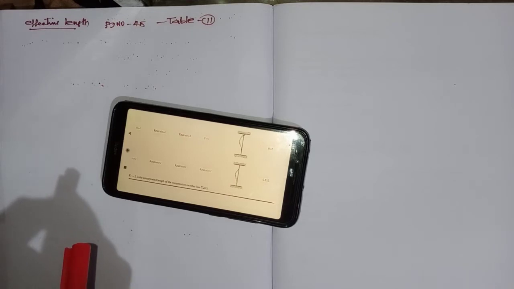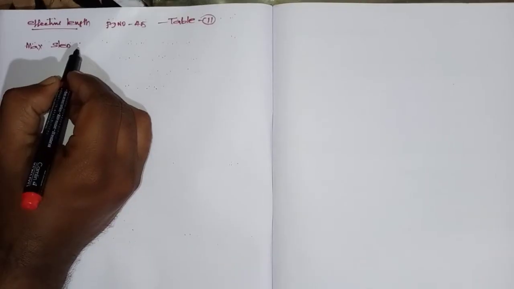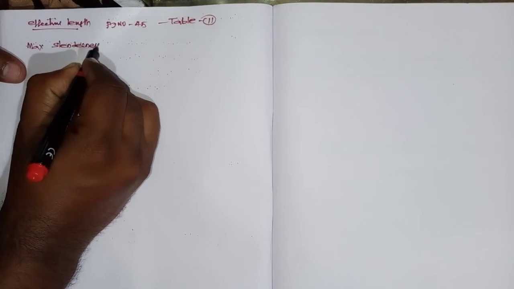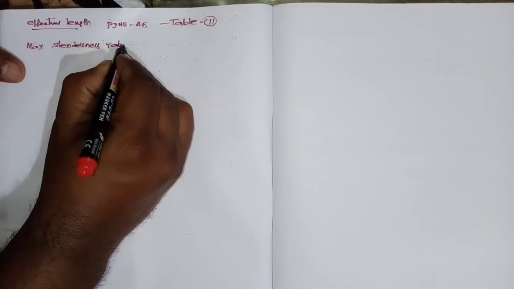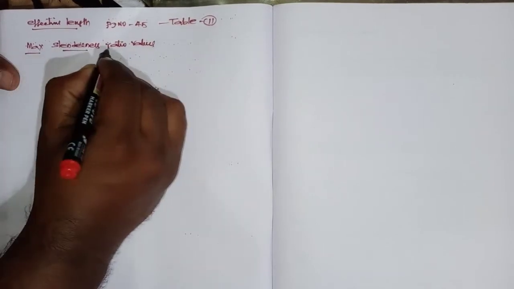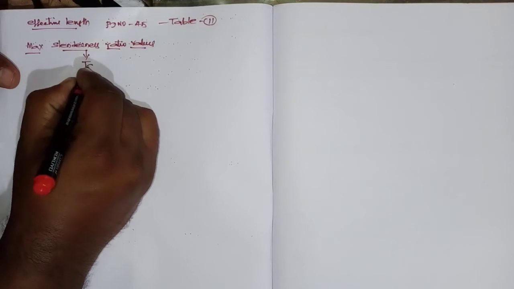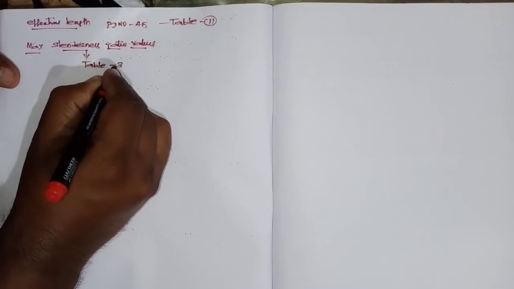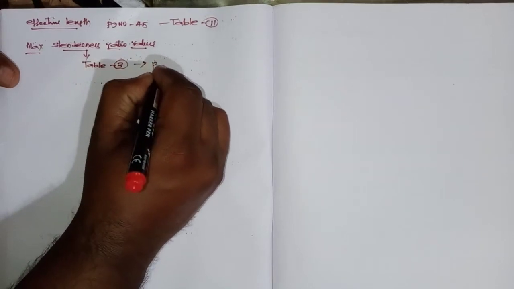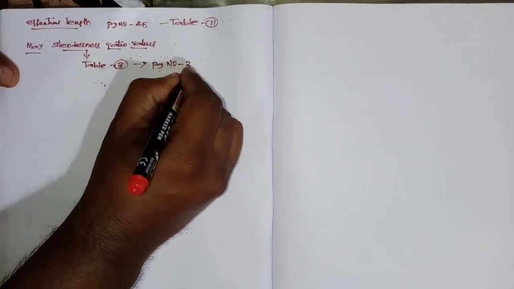Next one is maximum slenderness ratio values. This is also there as per table number 3 on page number 20.